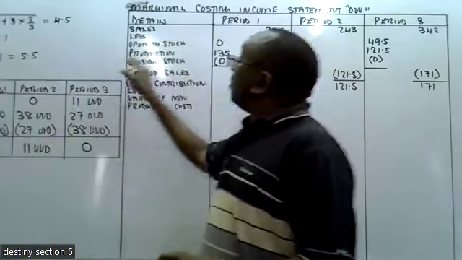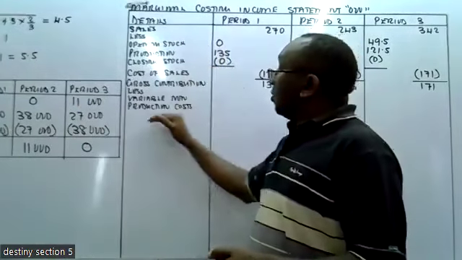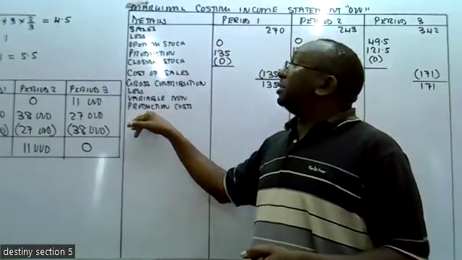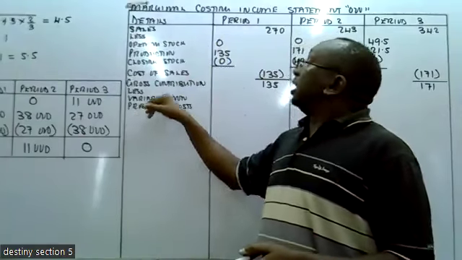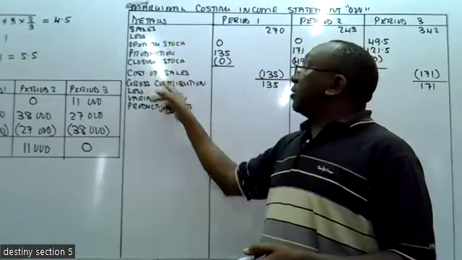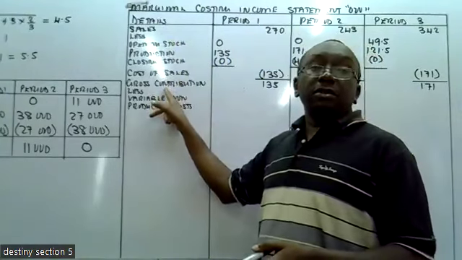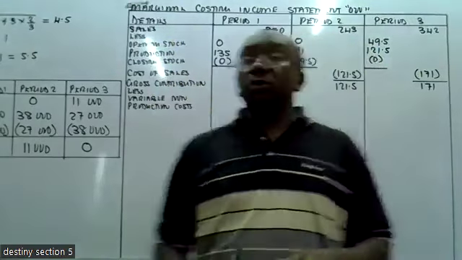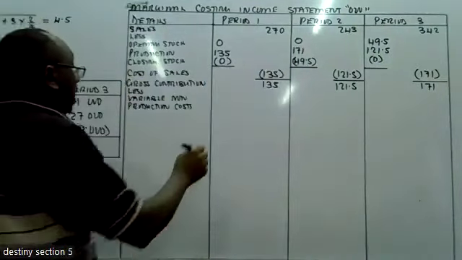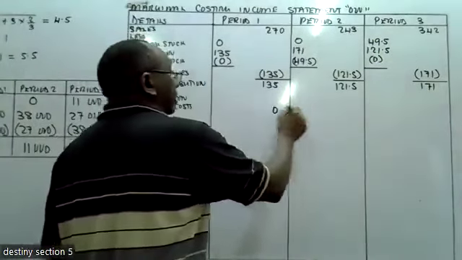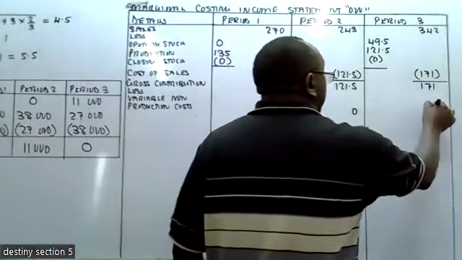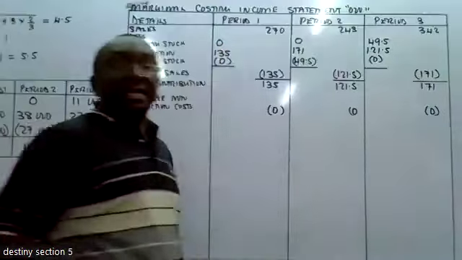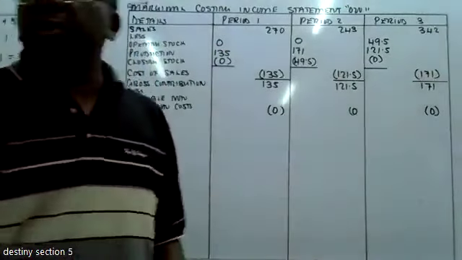So now that the variable production is covered, we are bringing the variable non-production. And if you remember your CVP, the difference between sales and variable cost is called contribution. That's why we are bringing in the word contribution. So now that we do not have any, we can put 0. But in an exam, ukiona haina, you don't keep on writing it.